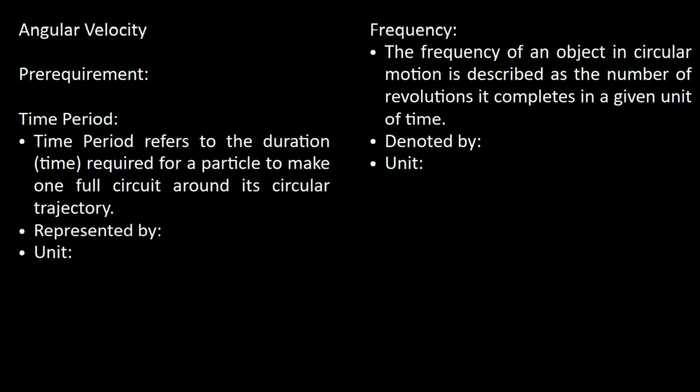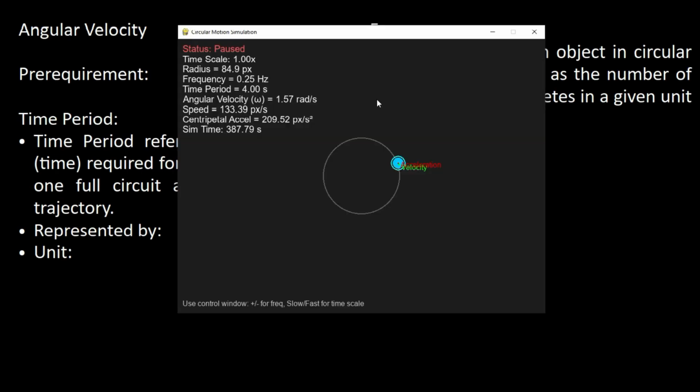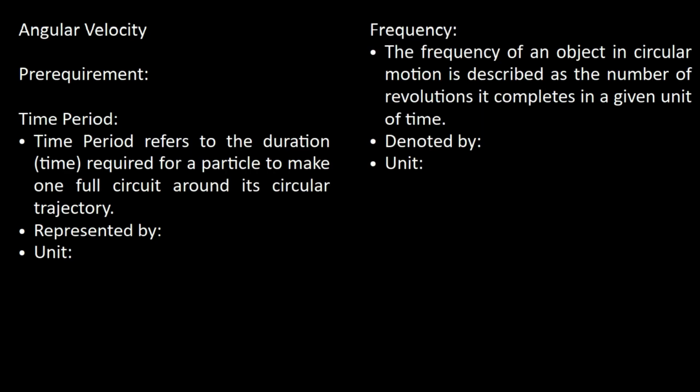It need not be a proper whole number. All of these numbers can be any decimal, any weird number. Like here, frequency can be 0.25. That is 1/4 of the round is completed within 1 second. That's what it means.